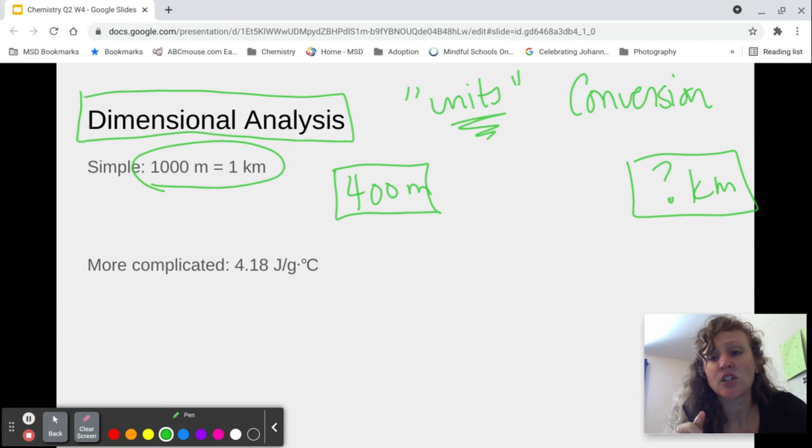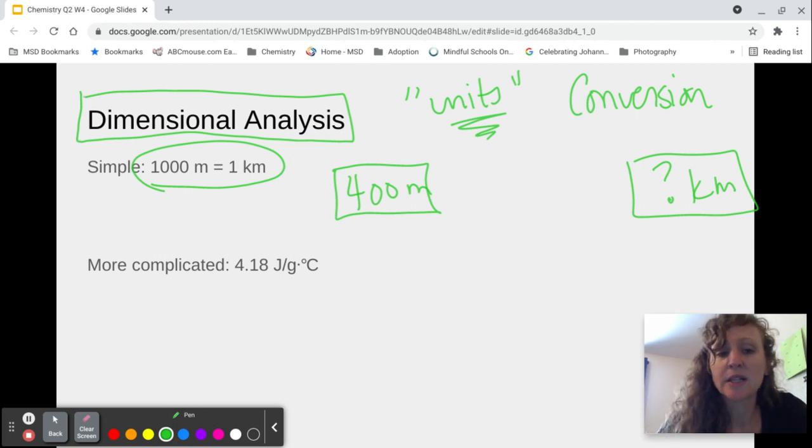Now, you may try to solve this using something like proportions, or just by thinking about the conversion inside your head. But when we use dimensional analysis, we're going to look at the dimensions. We're actually going to set up this whole problem in terms of the dimensions and allow those dimensions or those units to lead us through the problem.